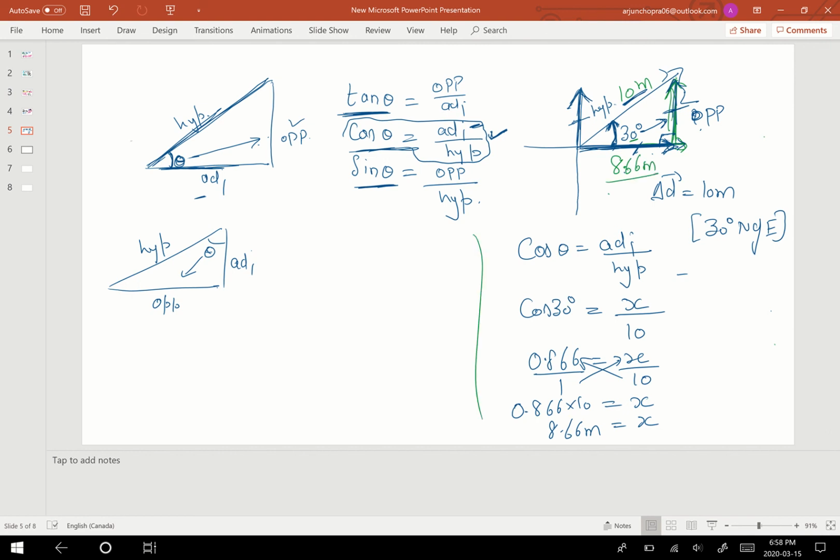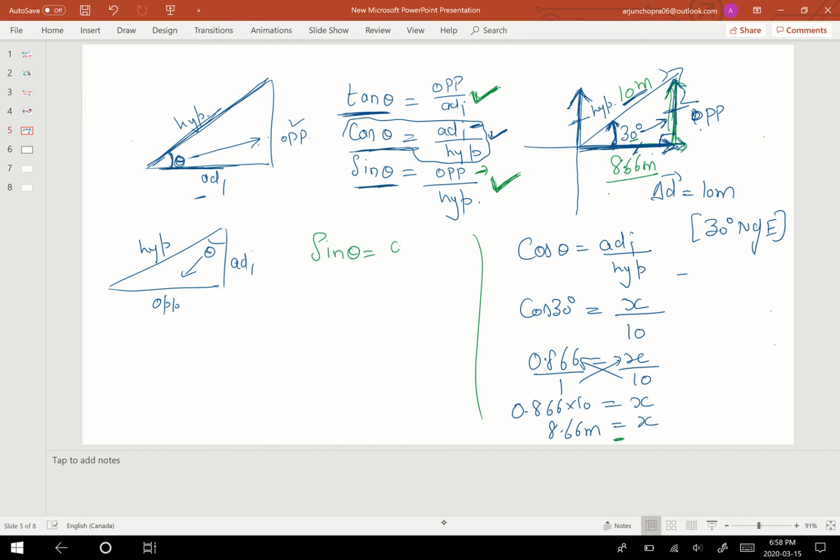And then I wanted to find the opposite side, this value. Notice now, because I know this value 8.66, even if I apply this formula, I'll be able to solve this question. Whichever formula you apply, you will lead to the same answer. I'm going to do it with sine theta.